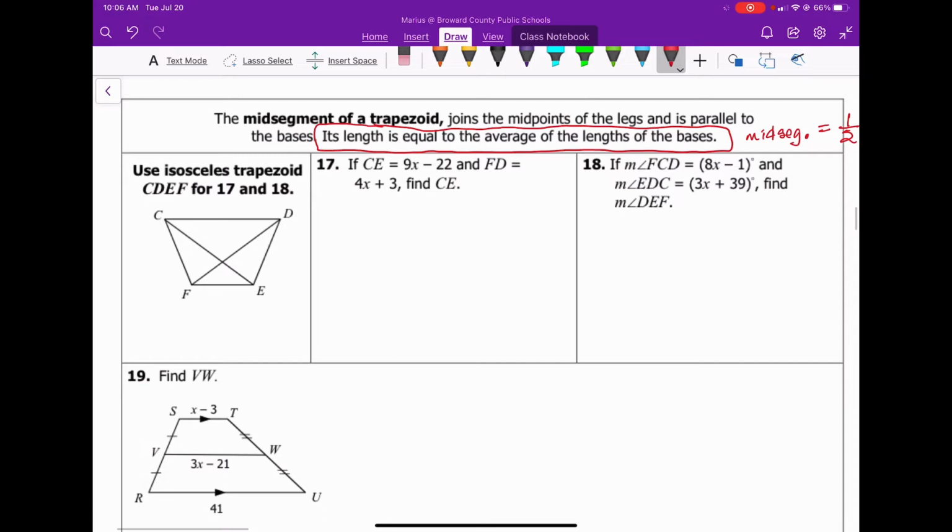Now, let's take a look at number 17. This is our isosceles trapezoid, so we already know some things. For example, we know that CE is congruent to FD. They're equal.